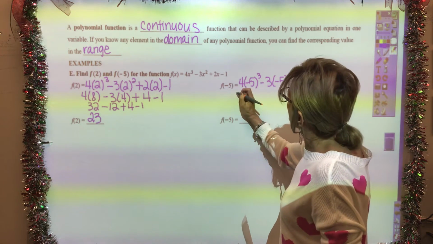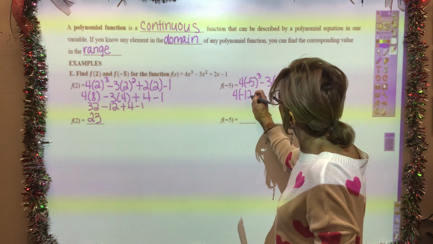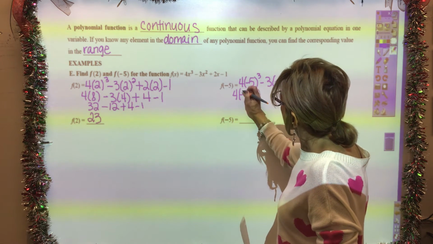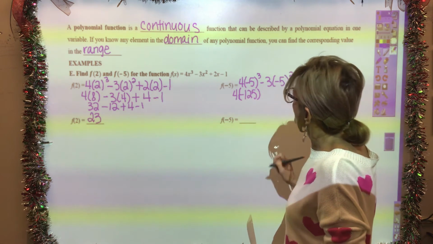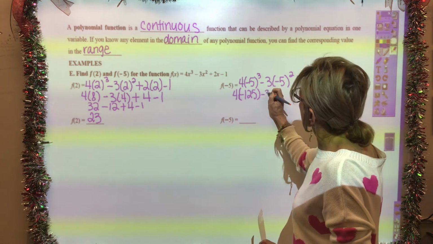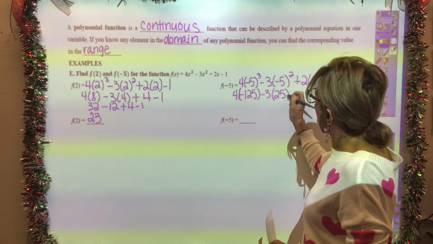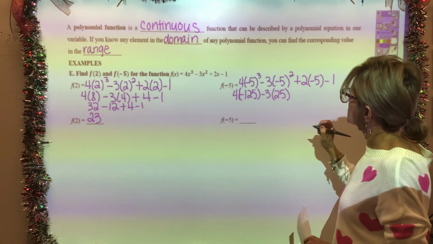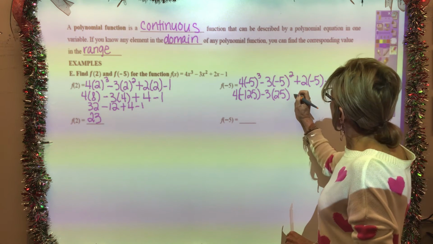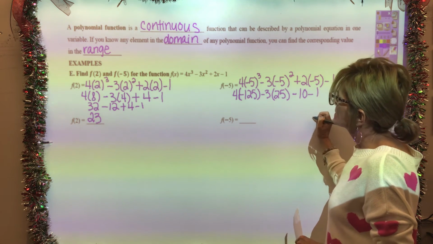All right, so this would be 4 times negative 125, because negative 5 to the third power is negative 125. Then we would have minus 3 times 25. We're squaring the negative 5 here, so that gives us 25. Then we would have minus 10 minus 1.